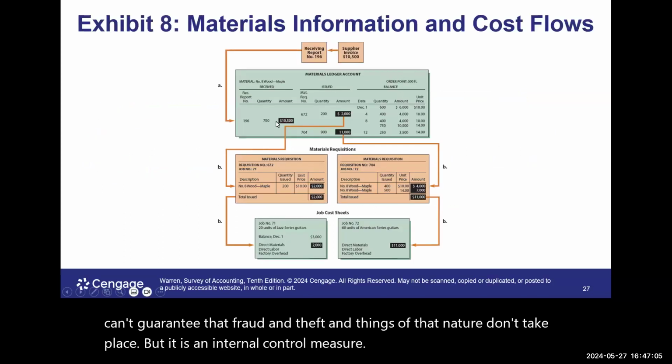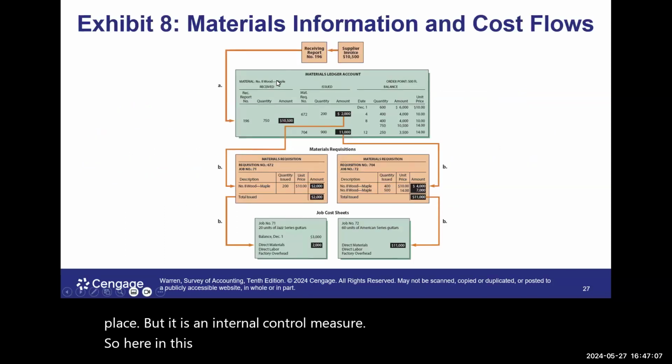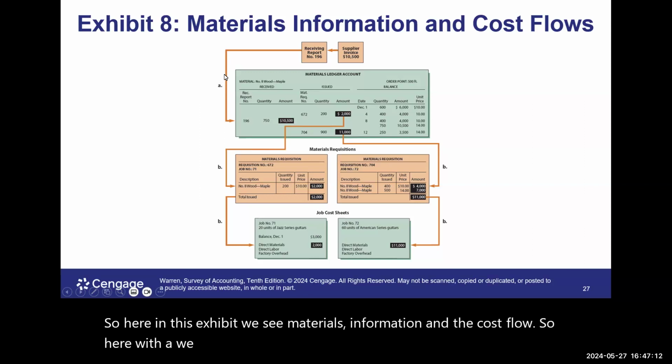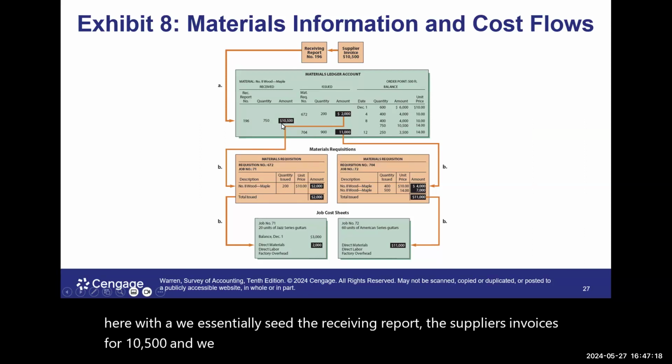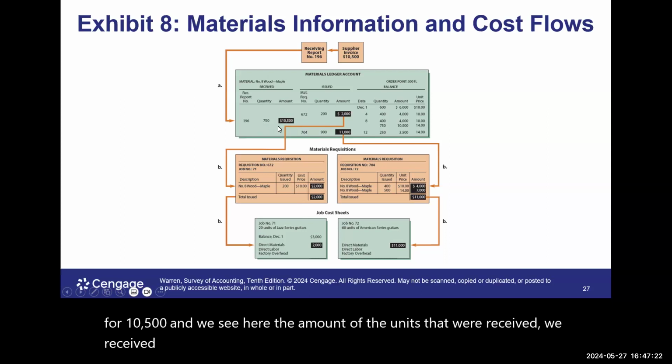So here in this exhibit, we see materials information and the cost flow. Here with A, we essentially see the receiving report and the supplier's invoice for 10,500, and we see the amount of units that were received. We received 750 units at a cost of 10,500.